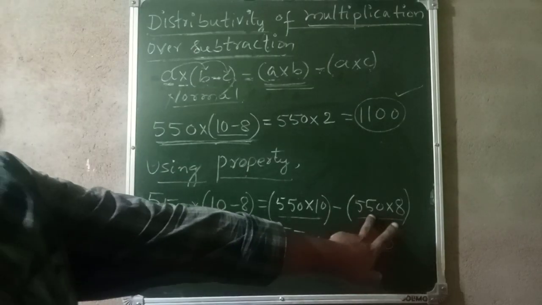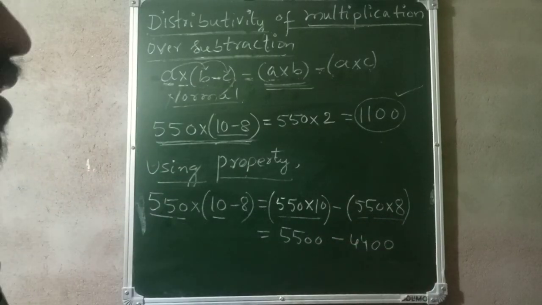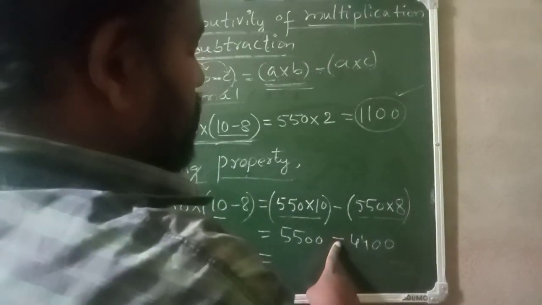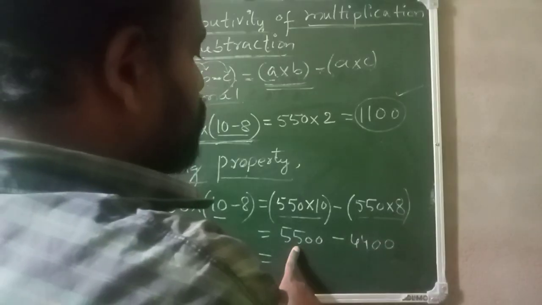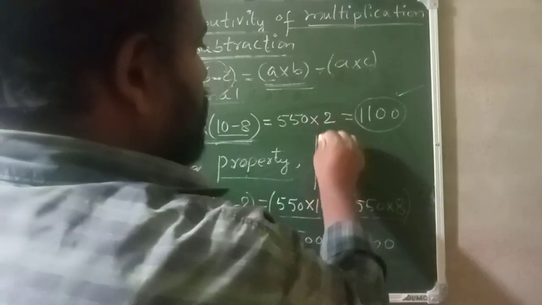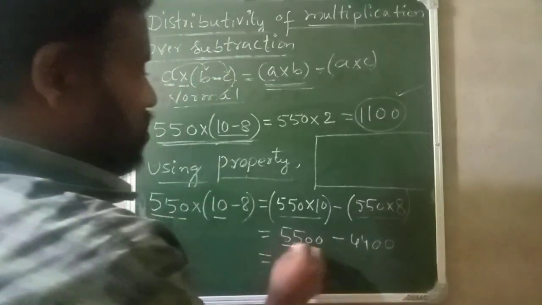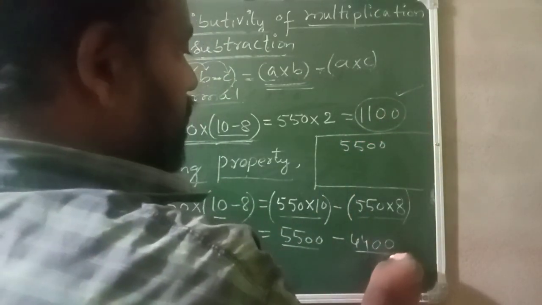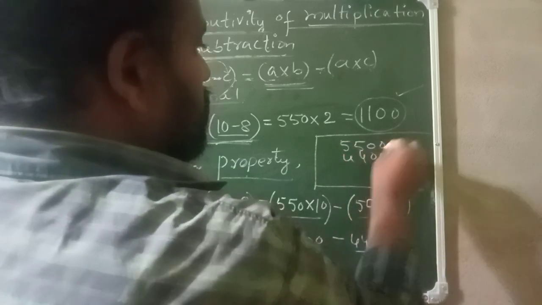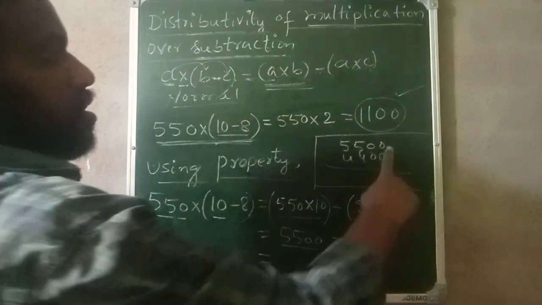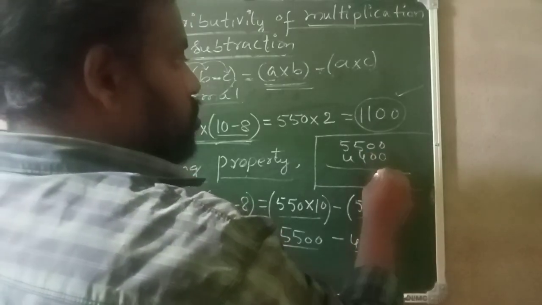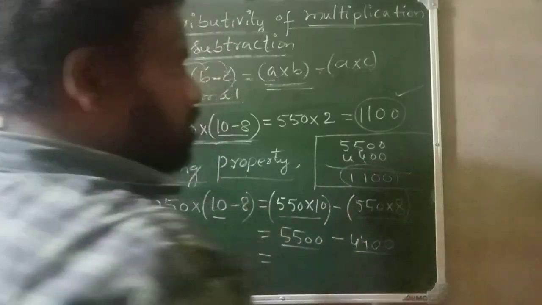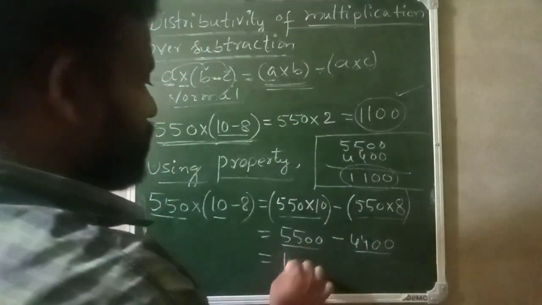When you multiply 550 with 8, we get 4400. Next, minus is there, so we have to subtract this from this. For rough work, I will write it here. 0 minus 0 is 0, 0 minus 0 is 0, 5 minus 4 is 1, 5 minus 4 is 1. What we got? 1100.